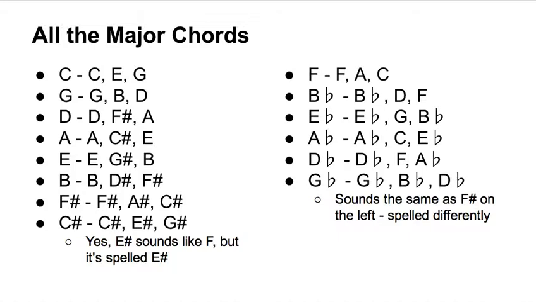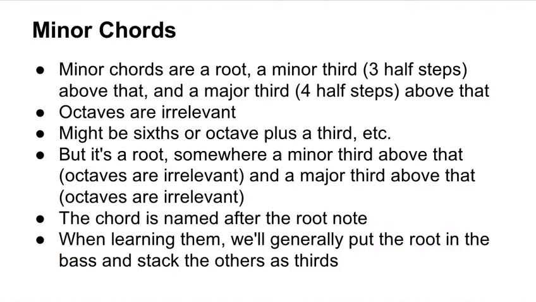You know, E sharp sounds like F, but C sharp to F is some sort of a fourth, whereas C sharp to E sharp is actually a major third. Yes, they sound the same note, but the way that somebody is spelling the chord, it would be C sharp to E sharp. We don't play in those keys too much, so don't worry too much about that. E sharp and F are the same note.